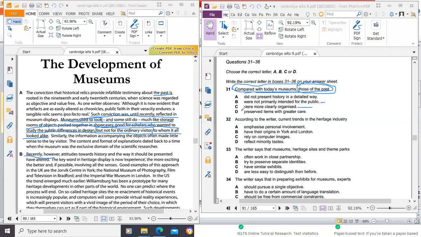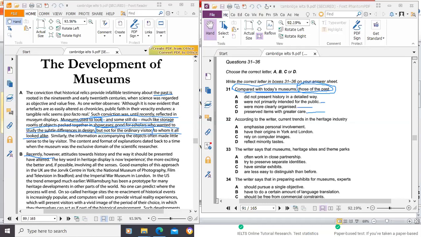Then they preserve items with greater care? I don't think there is anything like that. But there is a pointer here: museums used to look, and some still do, much like storage rooms of objects packed together in showcases, good for scholars who wanted to study.